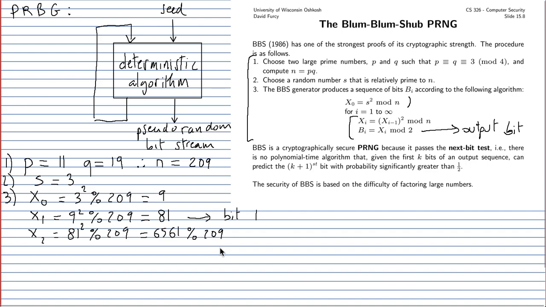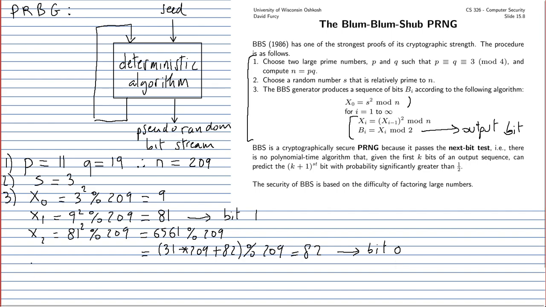When we do the integer division of 6561 by 209, we end up with a quotient of 31 and a remainder of 82. So this is what 6561 is equal to. When we take this modulo 209, obviously we're left with the remainder, which is 82. And 82 being an even number, that means the next bit output by our algorithm is 0. Okay, that's the end of the second iteration.